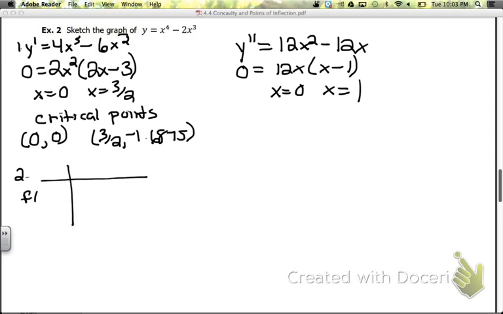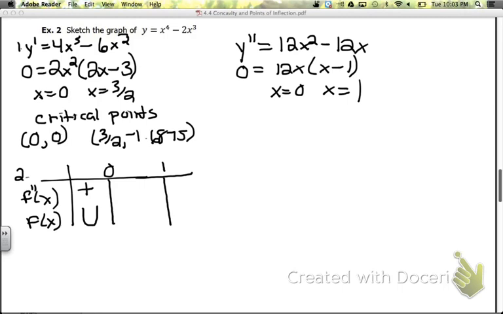So set up our chart, f double prime of x and our function, and we're going to look at 0 and at 1. On the left-hand side of 0, if we were to take negative 0.1, for instance, and sub it into our second derivative, we're going to get a positive. If it's positive, we know our function is going to be concave up.